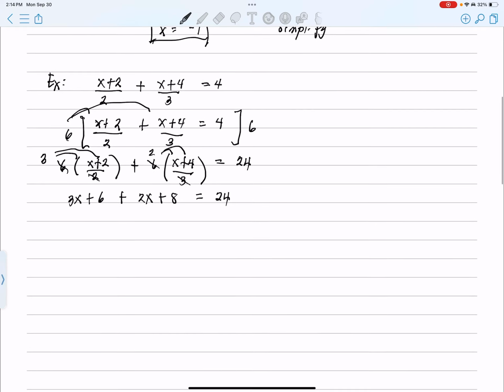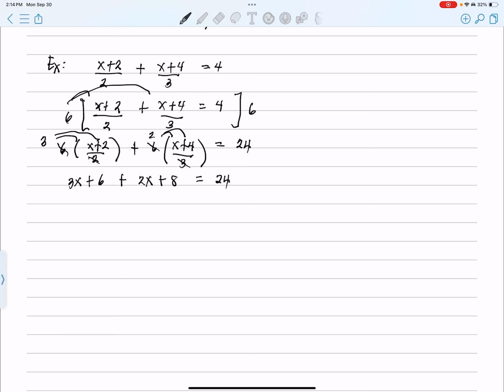Do the next step. So we are simplifying both sides this time. Since you can see similar terms, which is 3x and 2x, you add 3x plus 2x, that would become 5x. 6 plus 8, that will become 14, equals 24. So what we're doing here, we're doing the first step by simplifying each side.